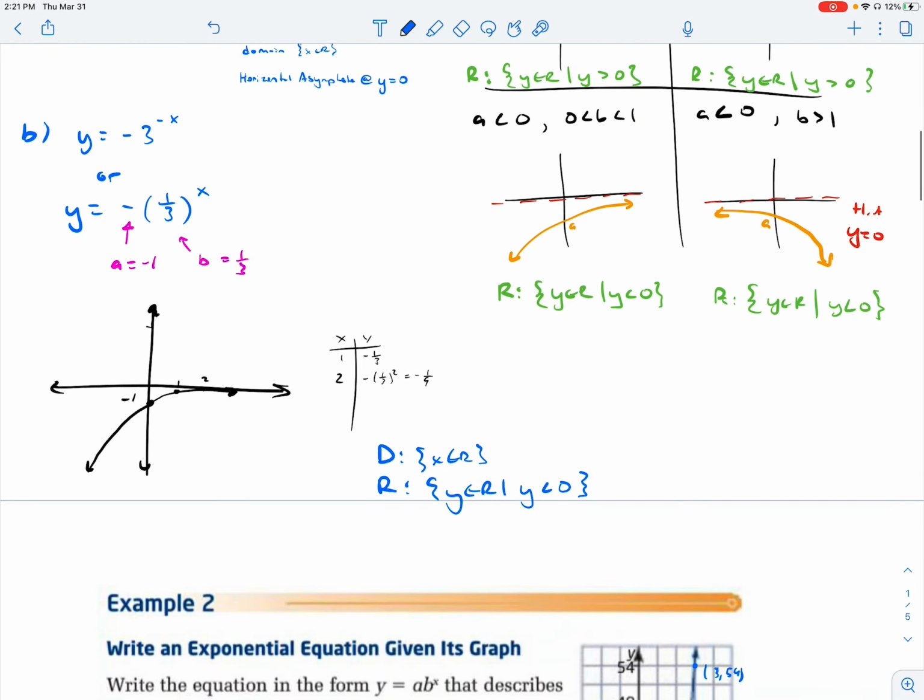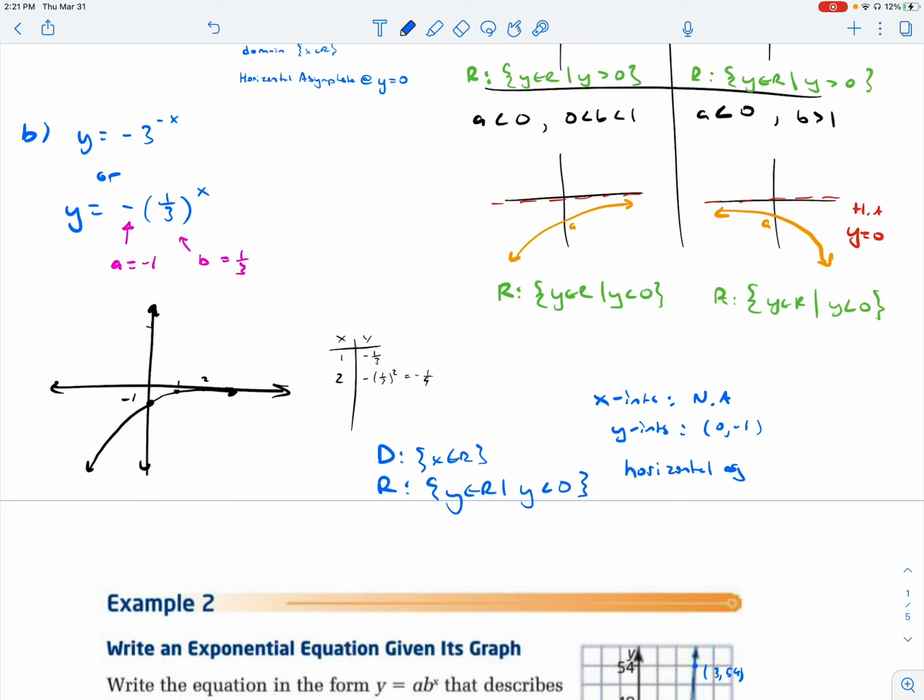And then we've got our intercepts. X-intercepts, not applicable. Y-intercept, that's going to be at -1. This is our a value that I pulled from the equation. There's no x-intercept because there's a horizontal asymptote.